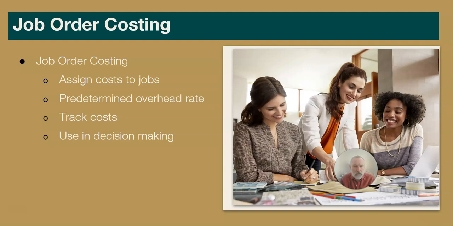And we'll recognize how job order costing supports decision making by giving managers visibility into profit at the job level. Job order costing really is a bridge between the foundational concepts and practical managerial tools. Once you understand how to accumulate and assign costs to a specific job, you'll see how managers gain insight into pricing, cost control, and evaluating performance.